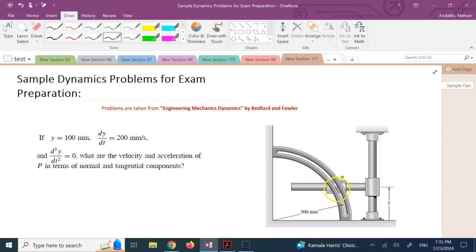While the motion of P is limited to the semicircle, the Y motion of P you can control by moving this slider and the bar, and of course the slider P, up and down.